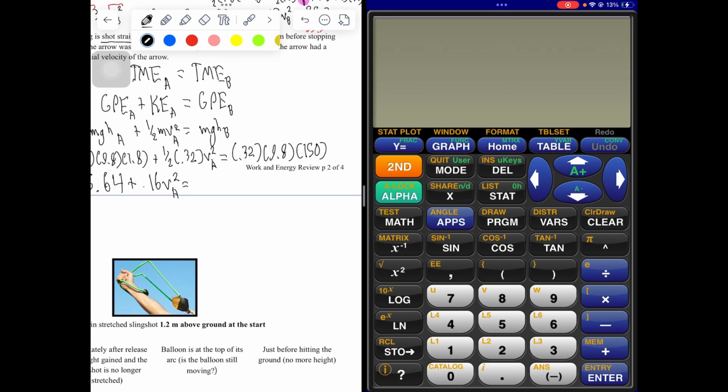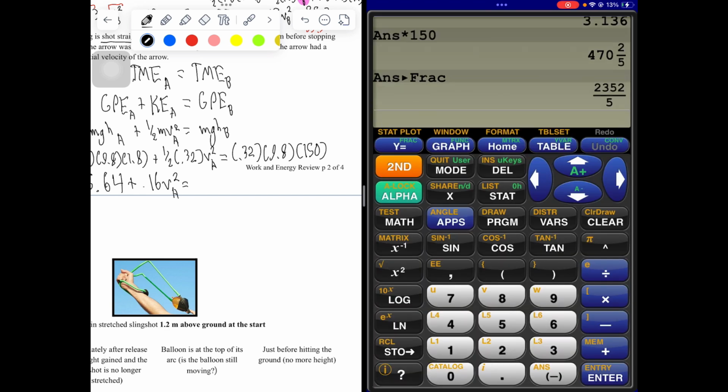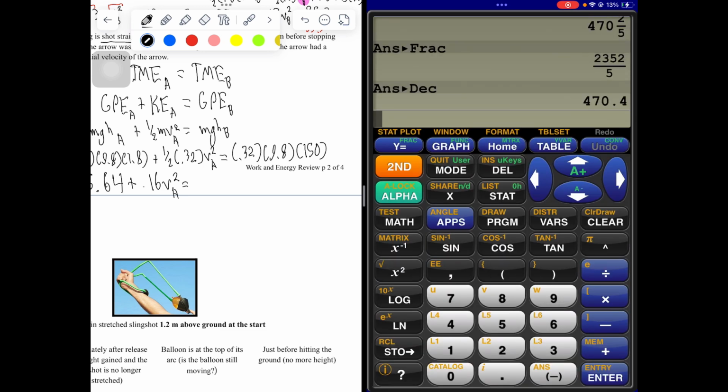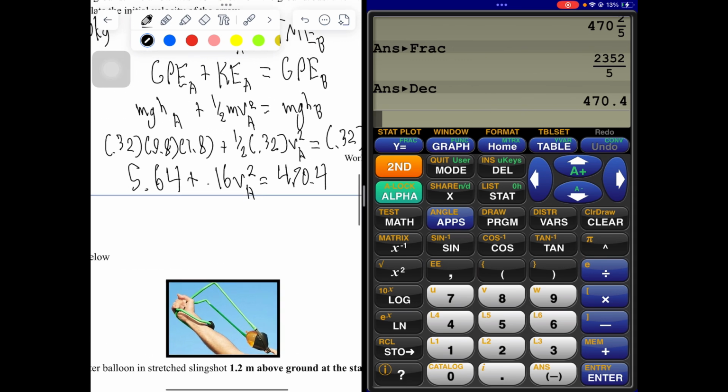And then we'll say 0.32 times 9.8 times 150 is equal to, let's get that in a decimal. There we go. 470.4.